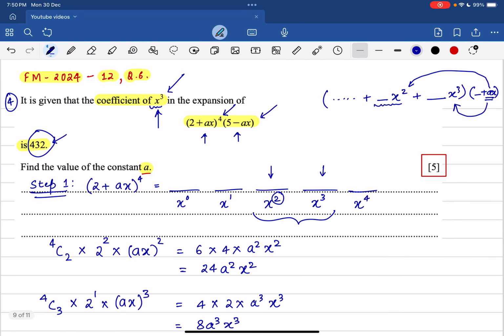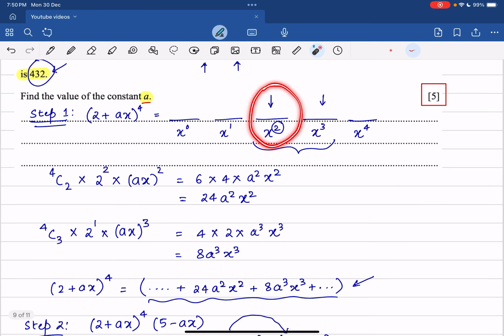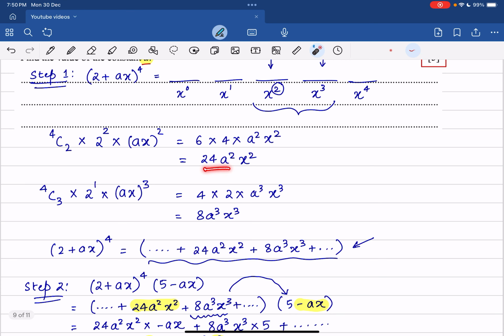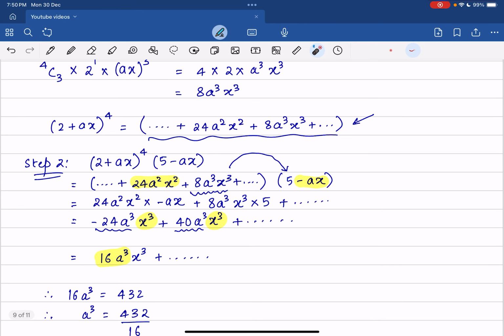Let's go through this once again in short. You expand 2 plus ax the whole raised to 4. You take the x square and x cube coefficients and express the expansion as something x square plus something x cube. Next, we multiply the linear bracket with our expansion and find the coefficient of x cube.